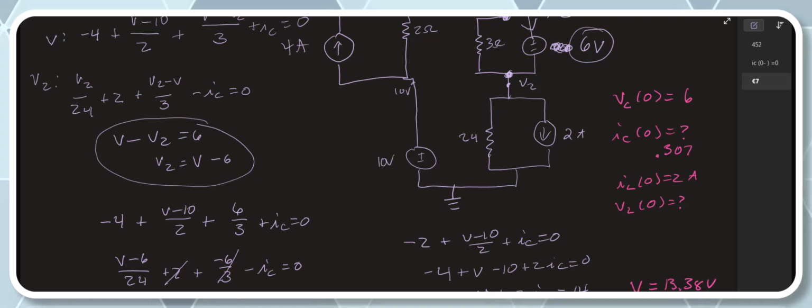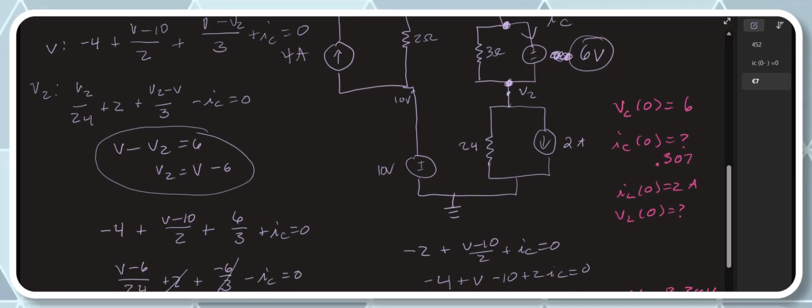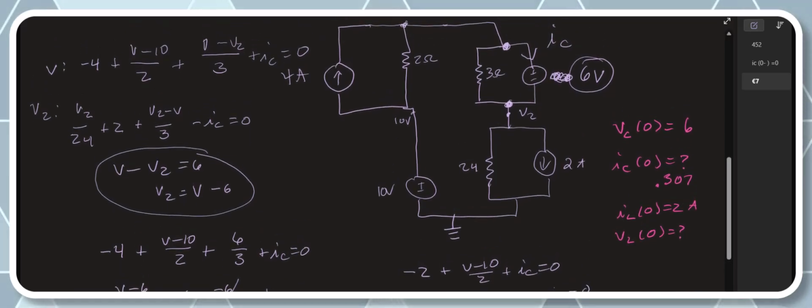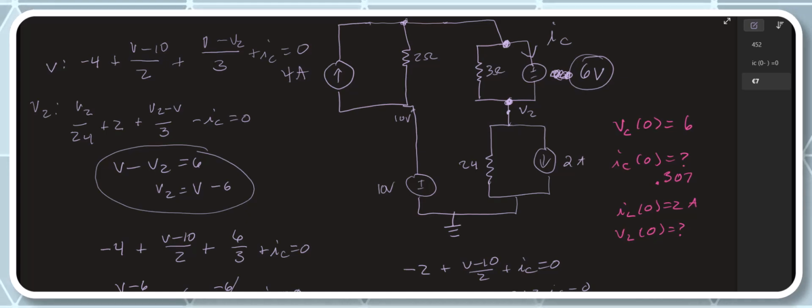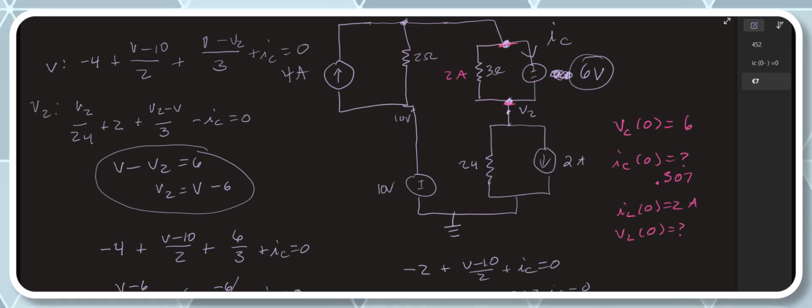Okay, so we know that the current through the 3 ohm resistor has to be 2 amps because the difference in voltages is 6 volts.